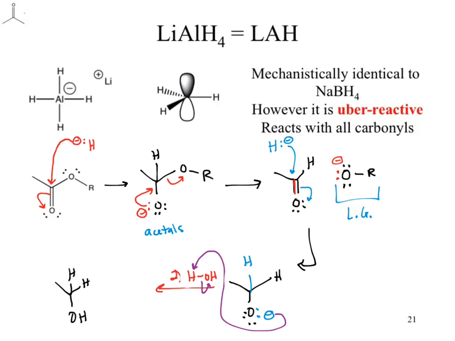It's not 1-to-1. So if we try and completely react lithium aluminum hydride, 1 mole of lithium aluminum hydride will fully reduce how many esters? 2 esters, because we need 2 reductions in each of those steps to get it all the way down to the alcohol. And the lithium can do it 4 times.